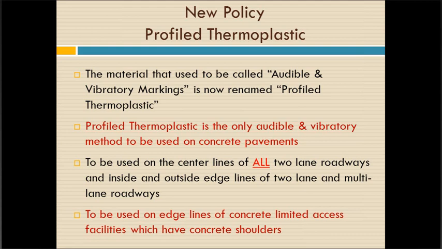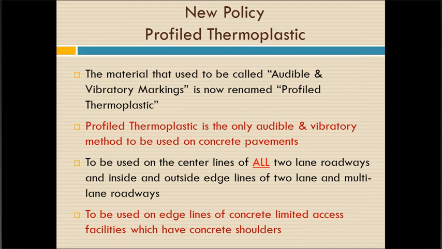Now what you'll also notice in 518, it does not address concrete pavements with concrete shoulders. The intent was to use profile thermoplastic on those types of facilities, and that got left out of the section on profile thermoplastic.